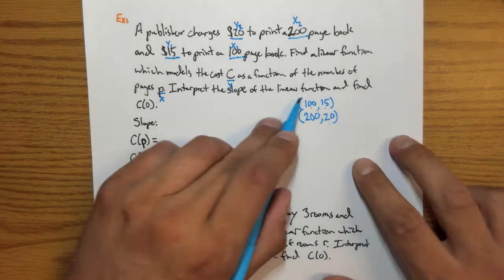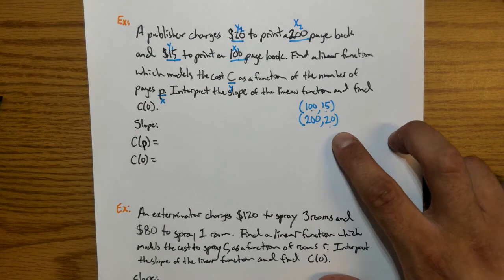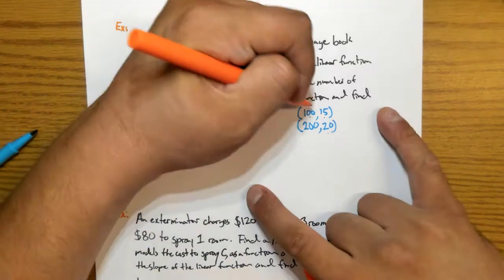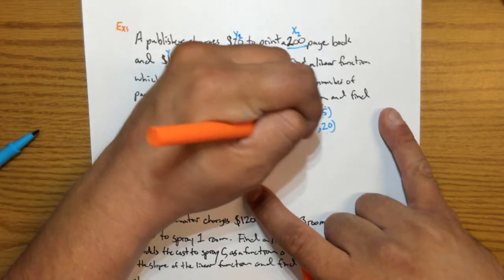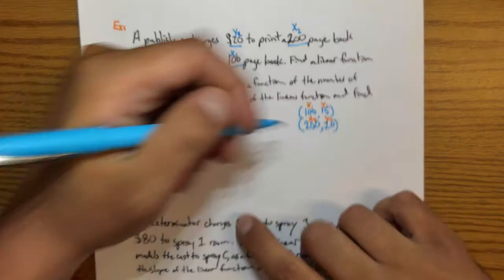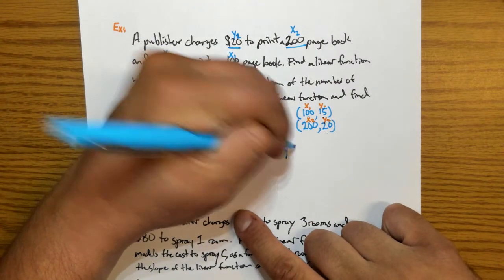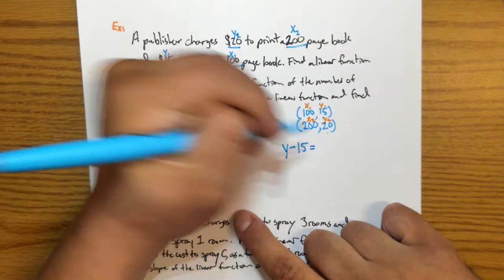So putting it into our point-slope form, well, let me label these again. This is x1, y1. This is x2, y2. Okay. So for point-slope form, it's y minus y1, so y minus 15 equals our m.